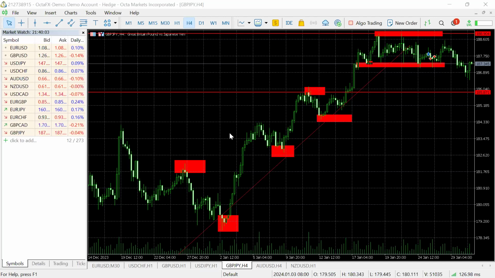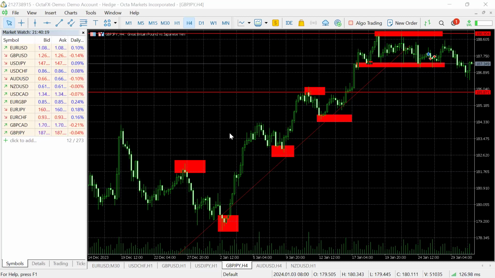Okay, so in the last class we were introducing ourselves to market structure, and we started from looking at highs and lows, which would now be support and resistance.